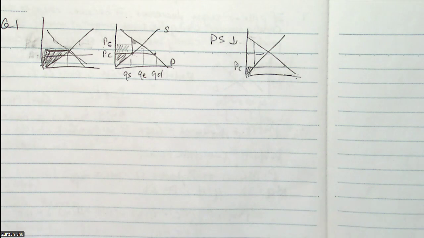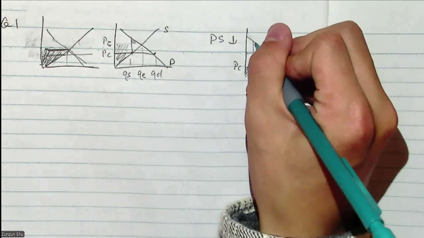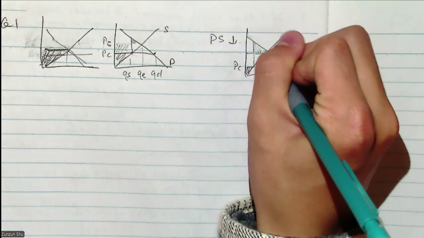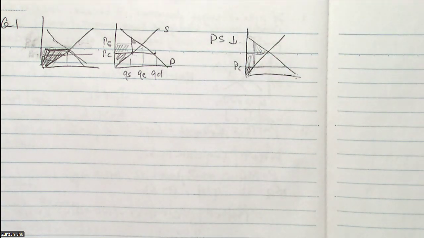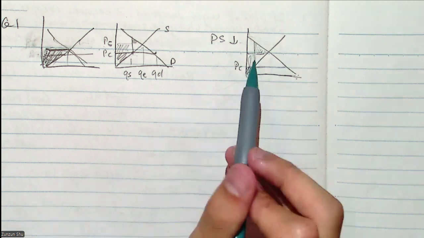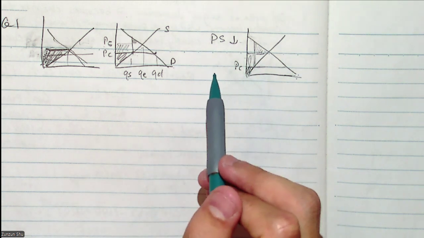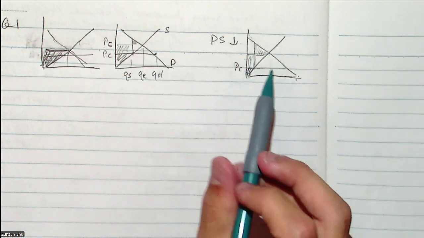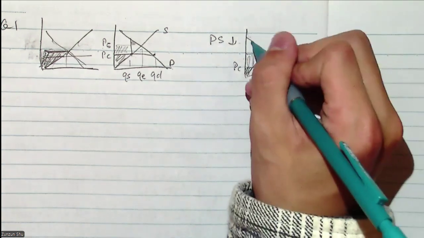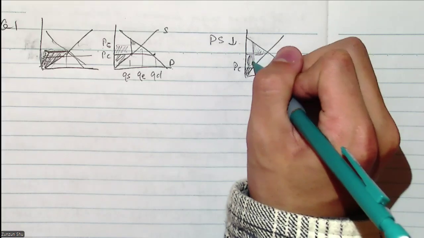But what about our consumer surplus? Your consumer surplus went down by this much, and it went up by this much. Looking at this, you might say that I gained a bit more, but you don't really know. And if you go for an even more extreme value, you might realize that this part will actually decrease.